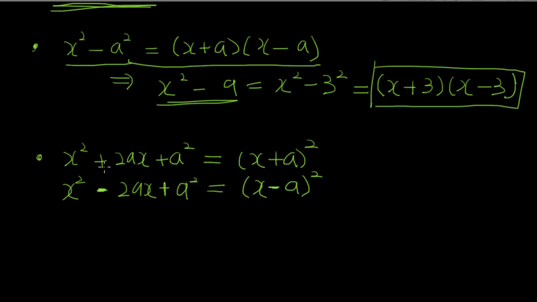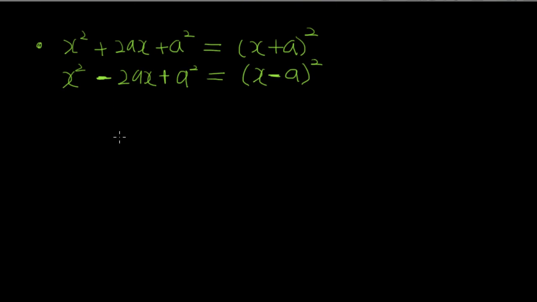So if everything is plus, then that's a plus. If this is a minus right there, then that's a minus right there. Yep, that's a plus, right? So again, an example of this would be something like this. Let's say you have x squared minus 6x plus 9.